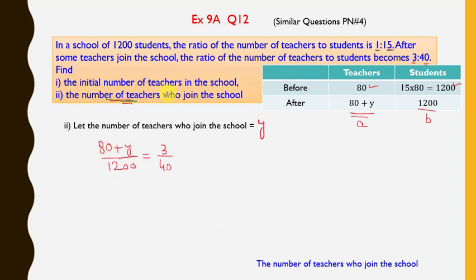Okay, now we will do the cross multiplication. We multiply 40 by 80 plus y, equals 1200 into 3. Now 40 will be multiplied by 80 as well as by y.